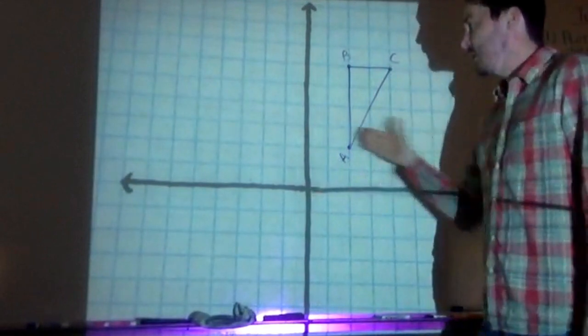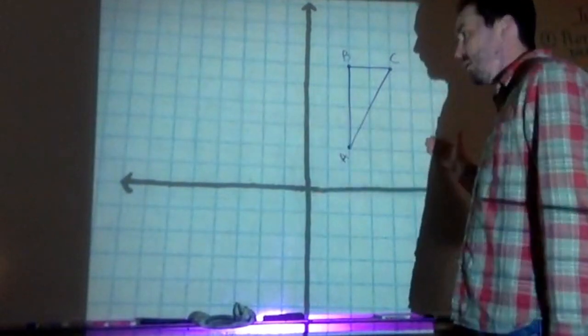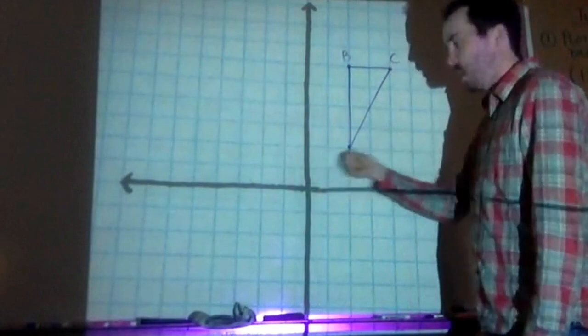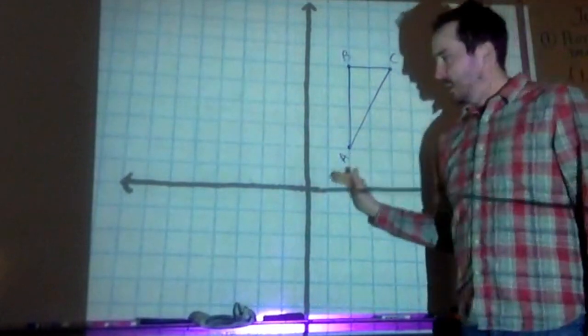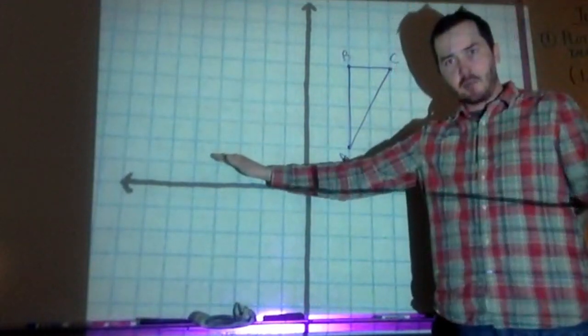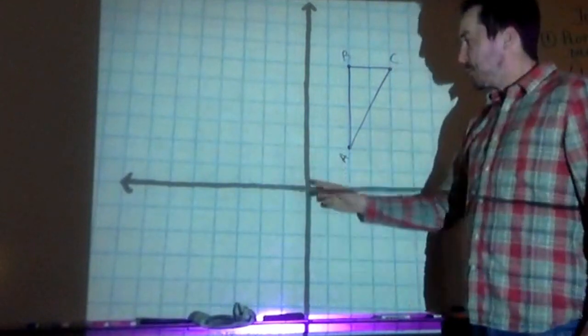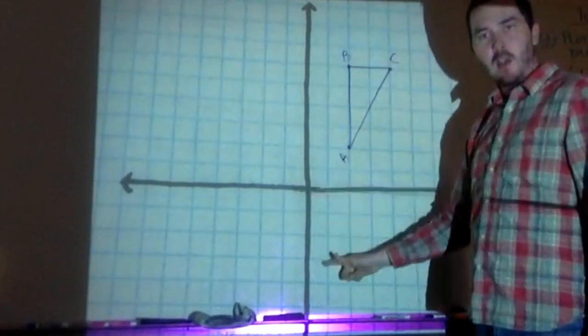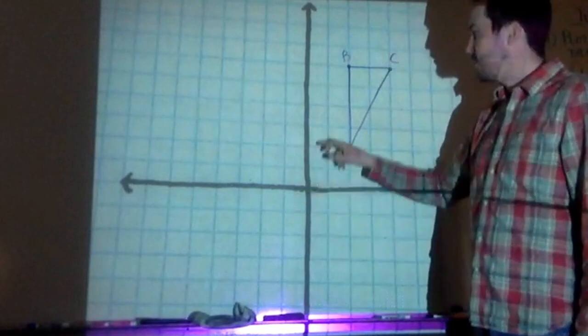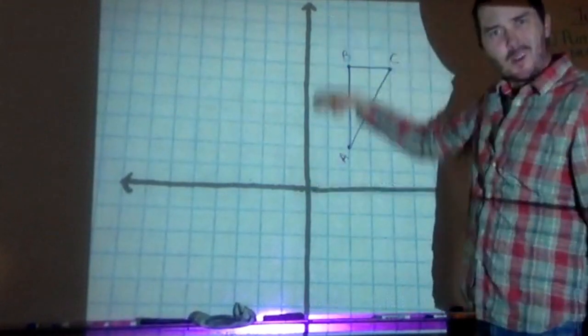We're either going to move it left or right in the x direction. Right would be a positive for the x, left would be a negative for our x, and we can move it up or down in our y direction. So we can have positive y or a negative y.